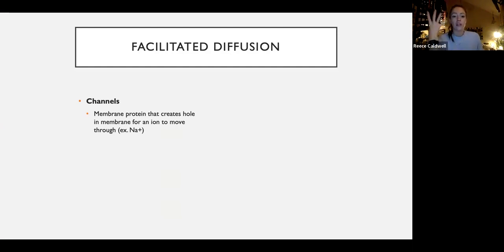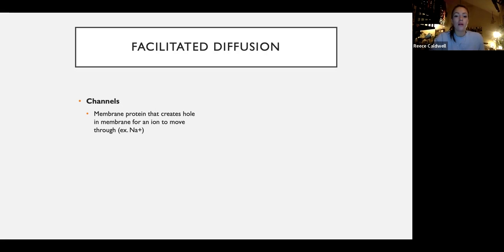However, we need to use channels and carriers for molecules that are too big or have some type of charge to pass the cell membrane on their own. Those molecules still may be moving from high to low concentrations, which is a form of passive transport. Facilitated diffusion is a form of passive transport. It just is there to assist those larger molecules or those polar molecules to move through the cells. We'll see some examples of this coming soon.